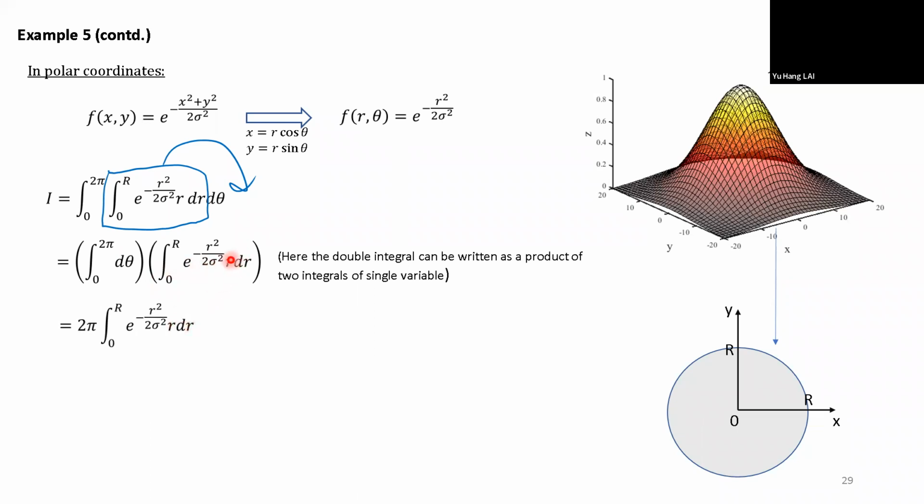Because I have this extra factor r here, I'm able to do a substitution of variable, or change of variable, to make it an integral of an exponential function instead of a Gaussian function. Integrating an exponential function, of course, we know how to do. So then at the end, I have this.